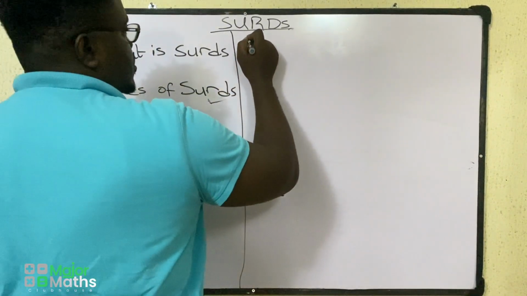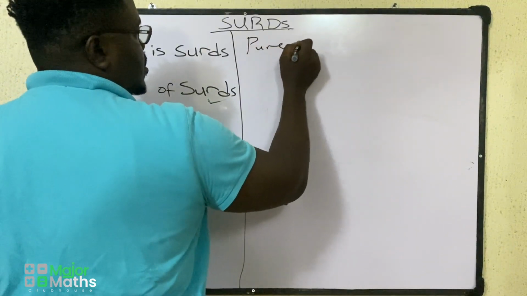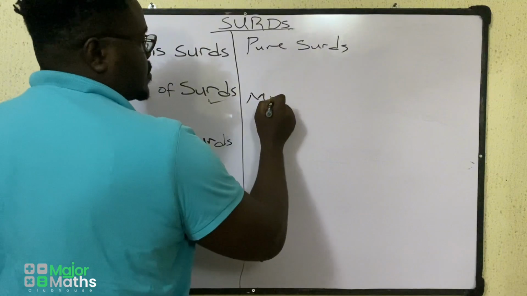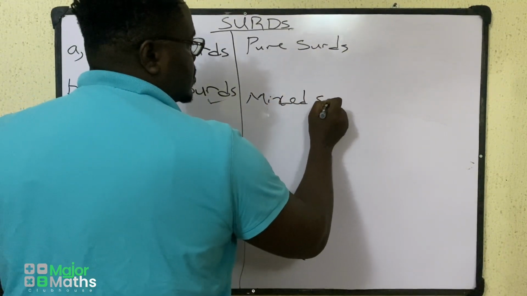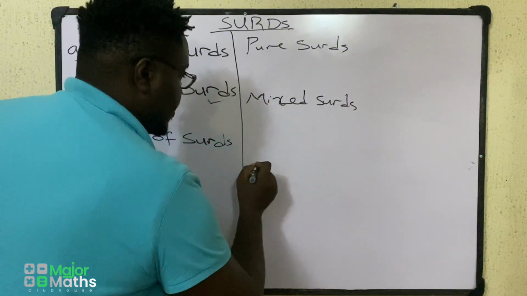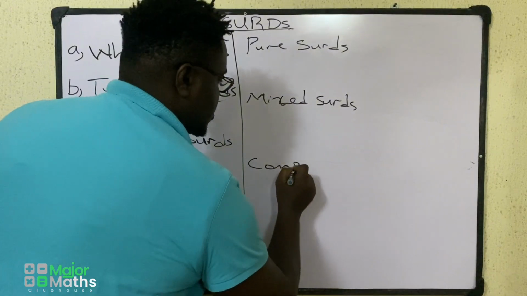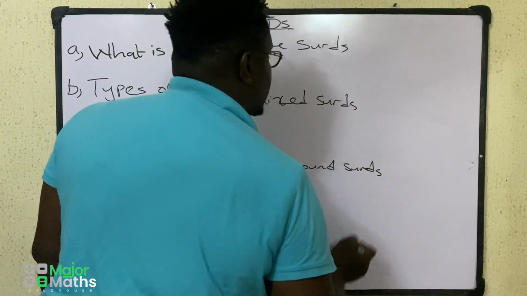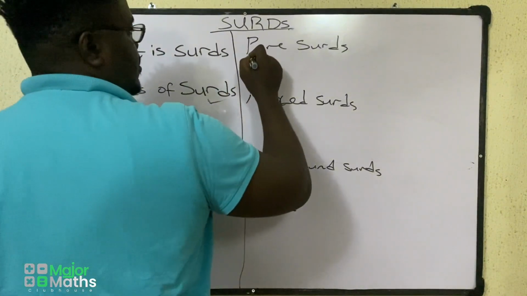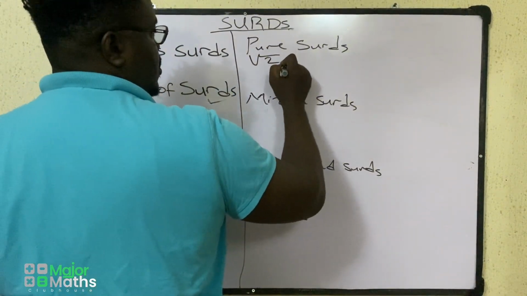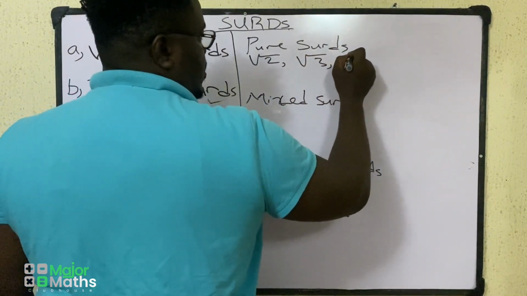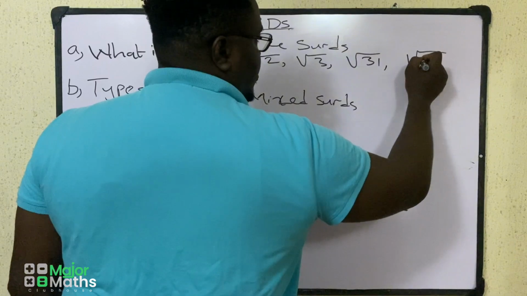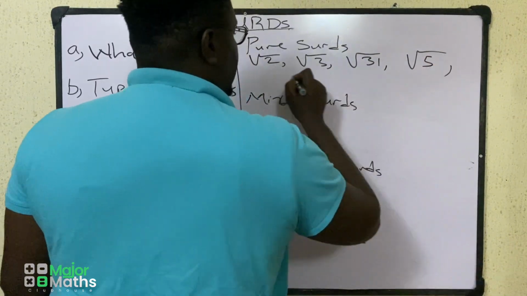We have pure surds, we have mixed surds, and we have compound surds. Pure surds are surds like root 2, root 3, root 5, root 7.